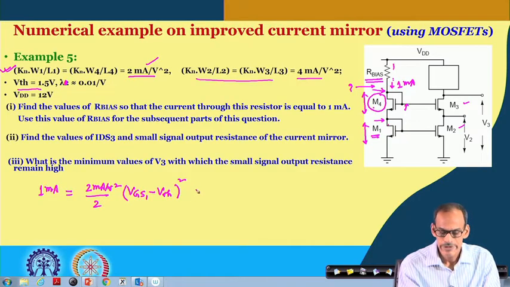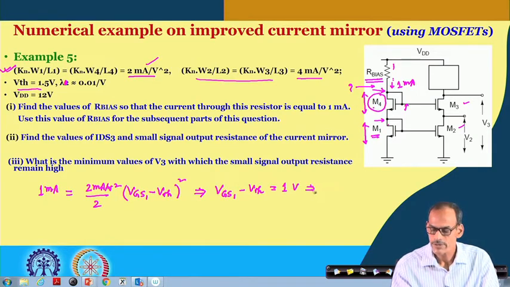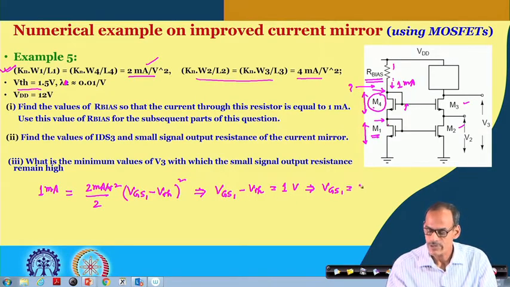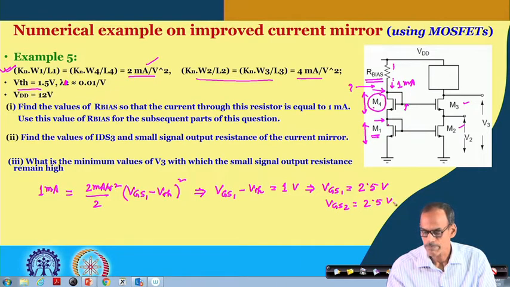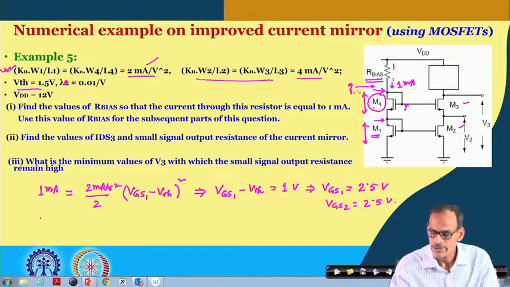So, this is giving us VGS 1 minus VTH equals 1 volt, and hence VGS 1 equals 1 plus 1.5, that is 2.5 volt, and this is also giving us VGS 2 equals 2.5 volt. So, that gives us the voltage here, it is 2.5 and 2.5, so that is 5 volt.